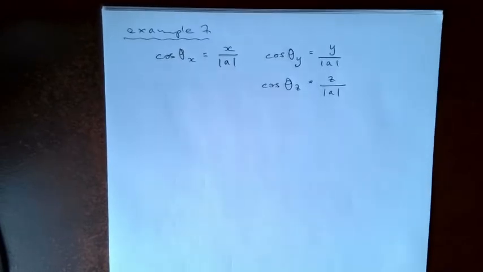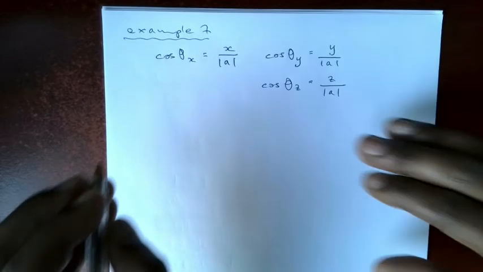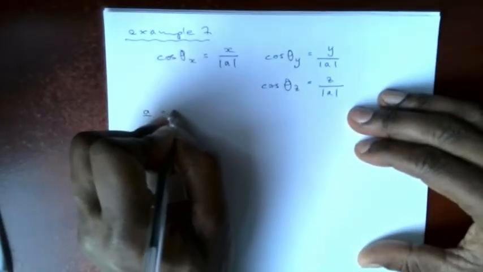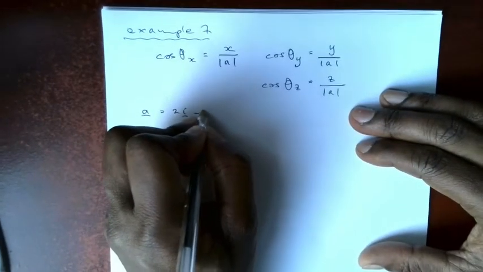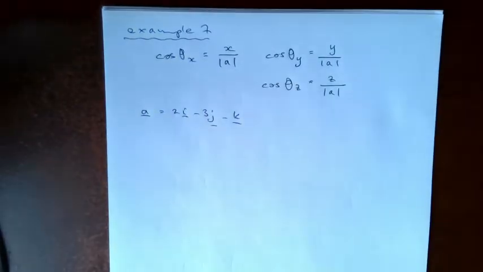Okay, so if I work those out, in example 7, I've got this vector A, which is 2i minus 3j minus k, and I'm going to find the angle between that and each one of the axes.